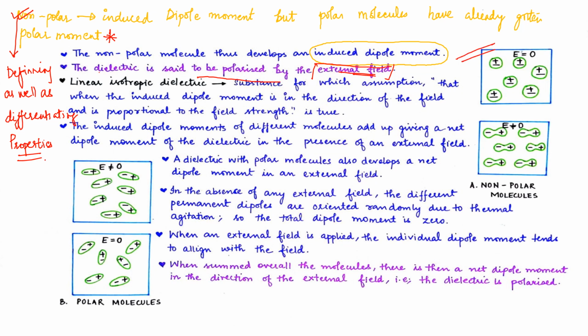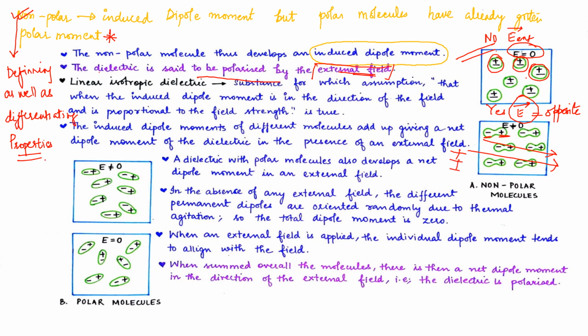Come to the given diagram over here. See, this is our non-polar molecule. These have coinciding centers. These are not stretched apart in the absence of an electric field, when there is no external electric field provided. Now we provided an electric field. What happened? These positive and negative charges are stretched apart, in the direction opposite to E. So now we can see that the electric field is coming in this direction.